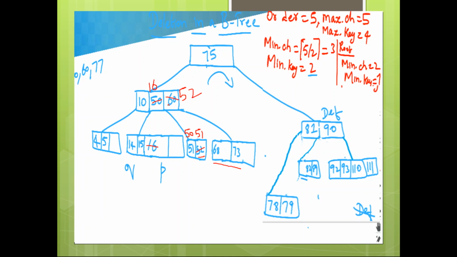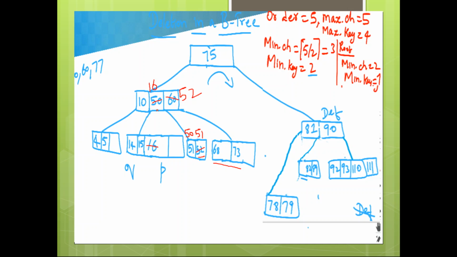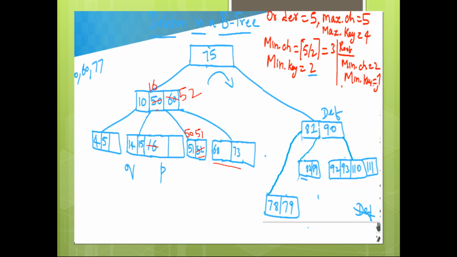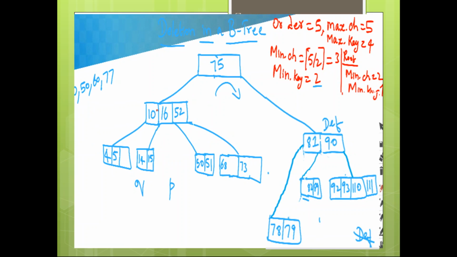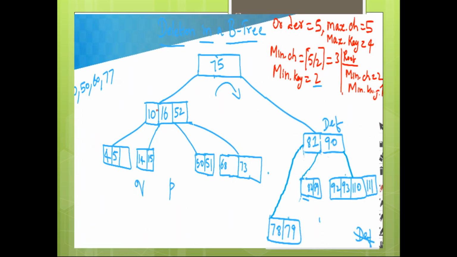So this is the updated node, 10, 16, 52 at the top. To the left of 16 we have 14 and 15. To the right of 16 we have 50, 51. To the right of 52 we have 68 and 73. Okay, fine. So this is how we remove 60.